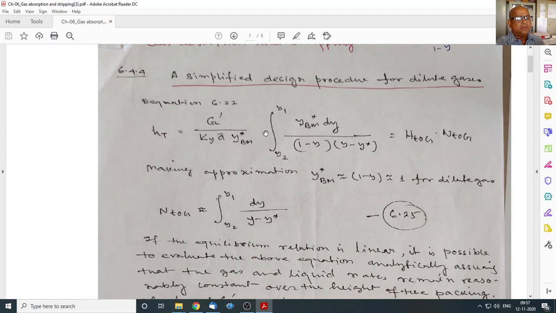And in a similar way, other forms are possible if I use small ky, small kx, capital K's, and accordingly a different expression will come, that we have seen in our last lecture.